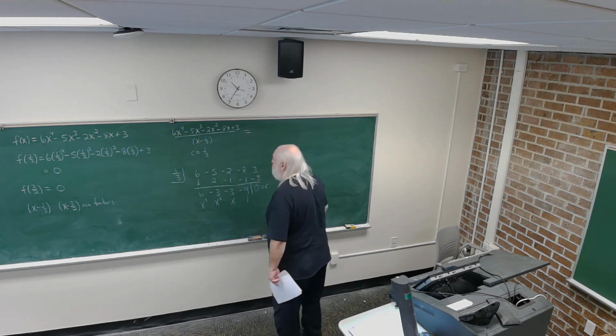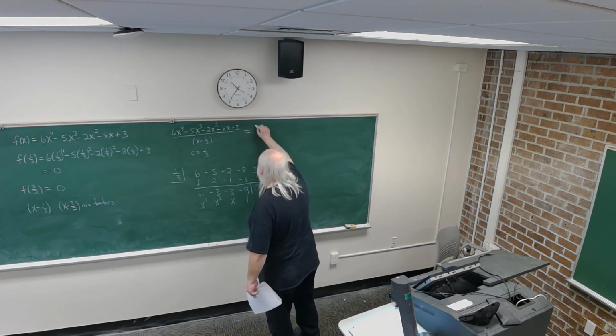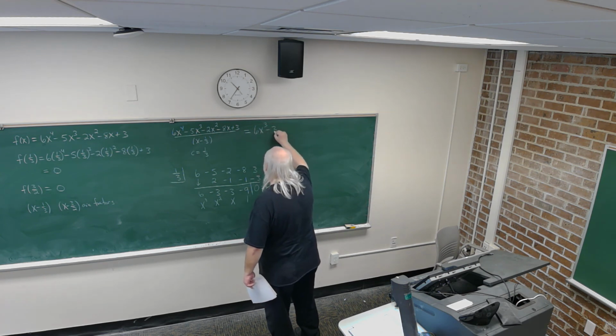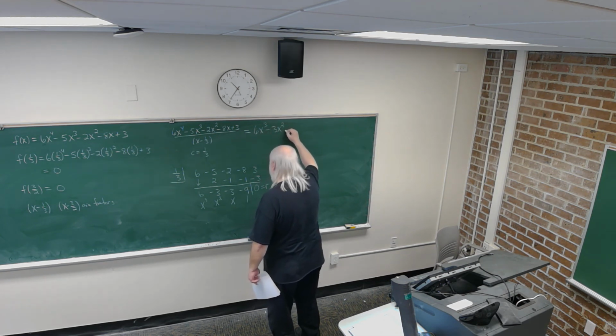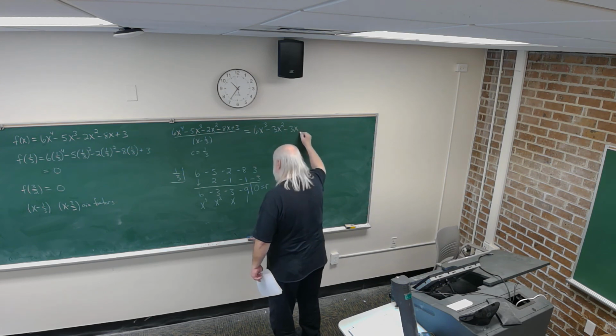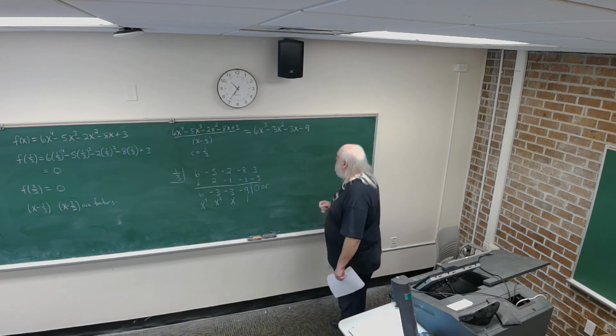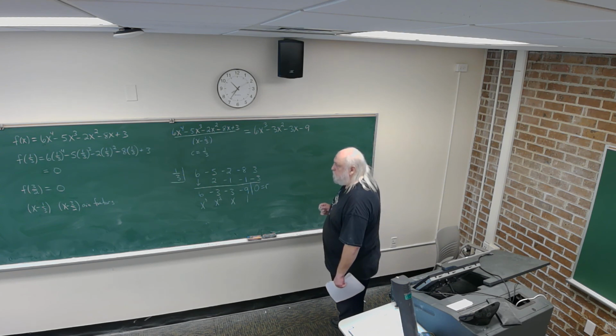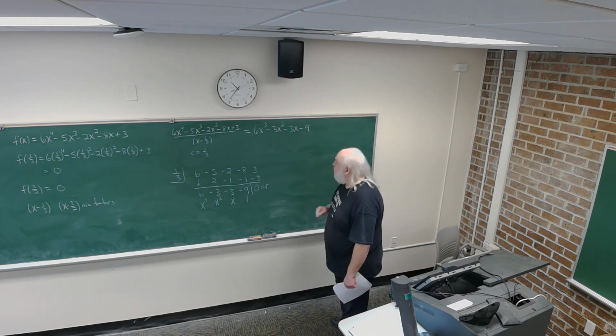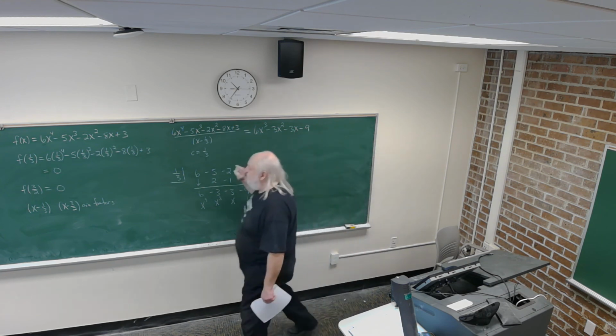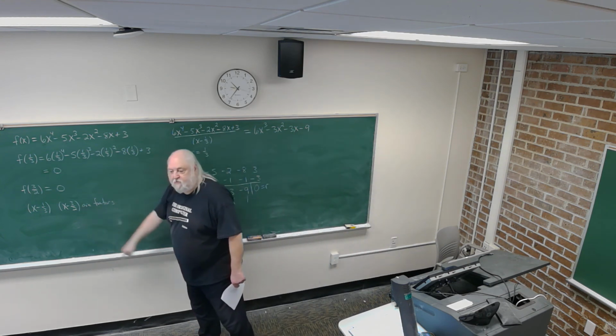So the quotient from our division is 6x cubed minus 3x squared minus 3x minus 9. Are you with me? Now we're going to take this third degree polynomial and divide it by x minus 3/2.